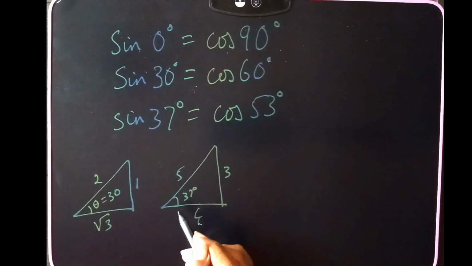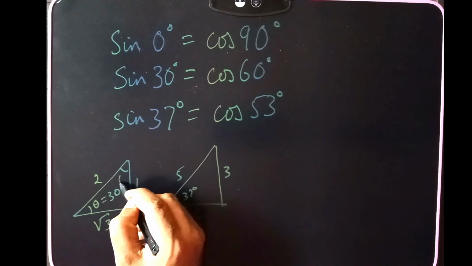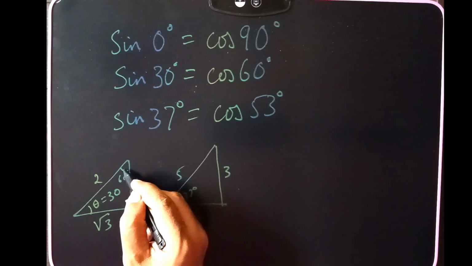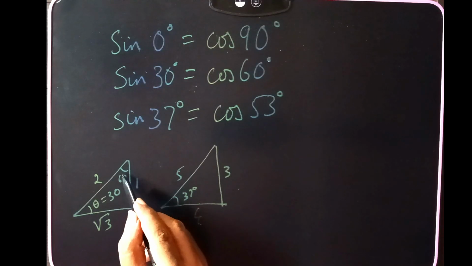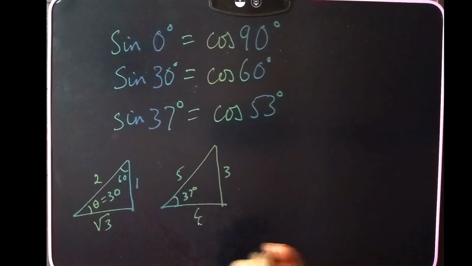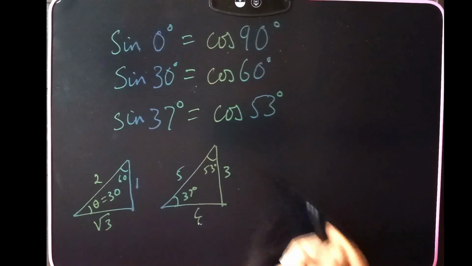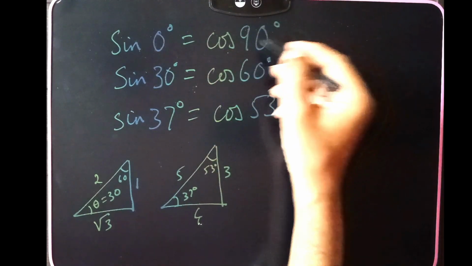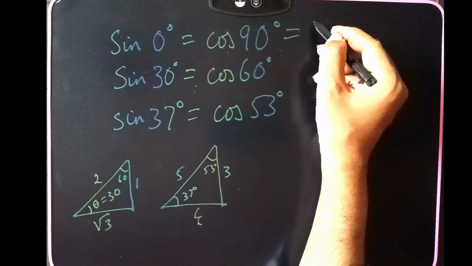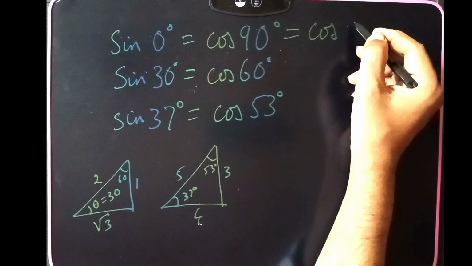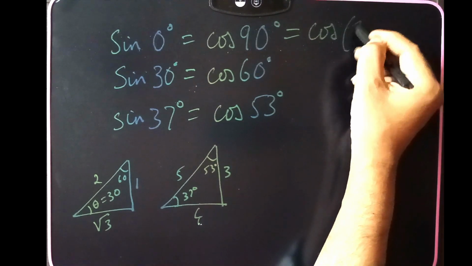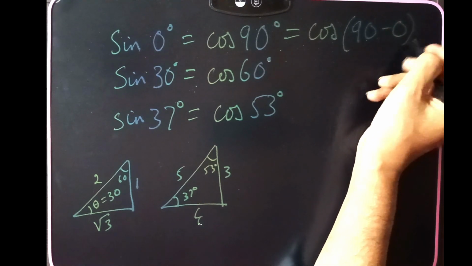So cos of 60 will be what? This will be the 60. The adjacent angle will be 60. So cos of 60 will be 1 by 2, same thing. So you can use these triangles to easily remember. Okay. This expression can also be written as cos of 90 minus 0.